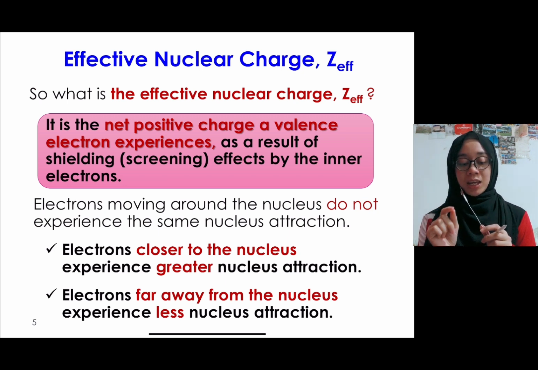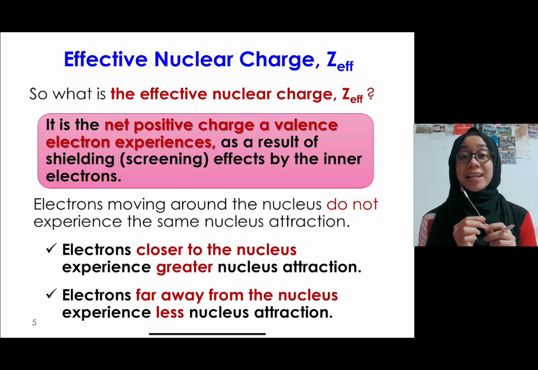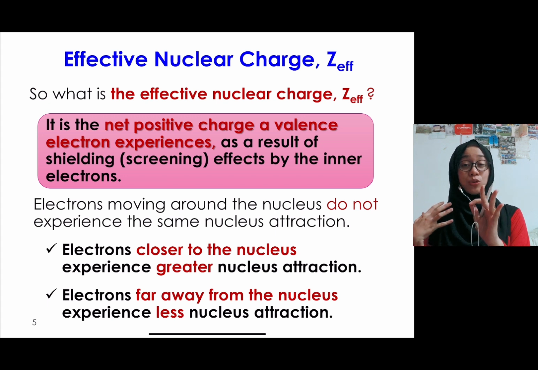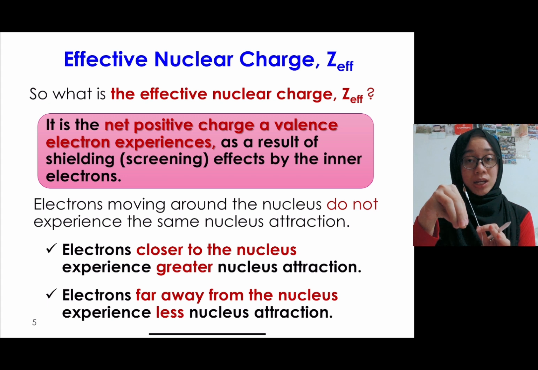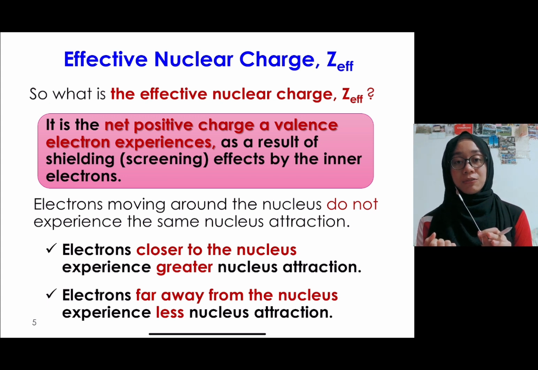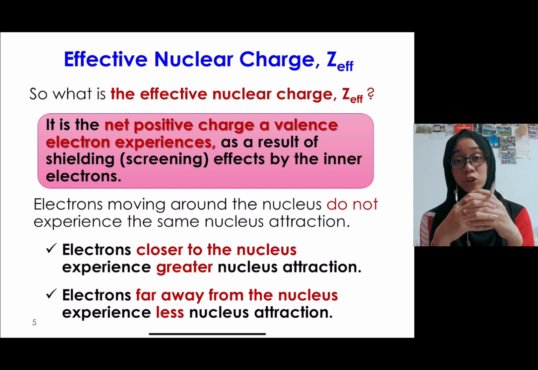Jadi, untuk ZEF ni, it is focusing on what exactly is the net positive charge experienced by the valence electron. Okay, so basically kalau makin jauh, makin kuranglah attraction forces tu. Tapi siapa elektron yang dekat dengan di nukleus, makin kuat dia punya attraction forces. Kenapa attraction forces? Because after all, dalam nukleus, it is packed with proton kan?